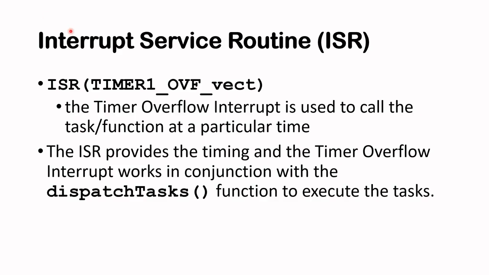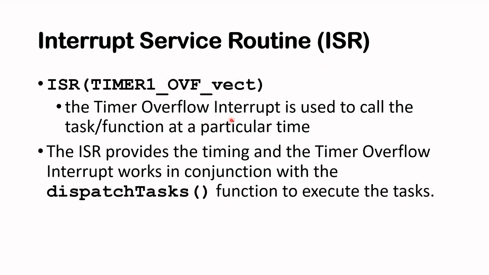Okay, next is the interrupt service routine, or ISR. Now, the example being presented right now is different from the original scheduler code. I'm using timer 1 for the ISR.